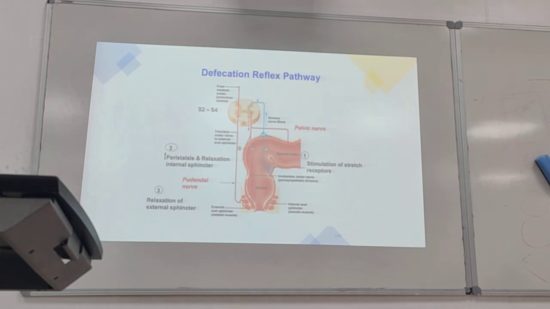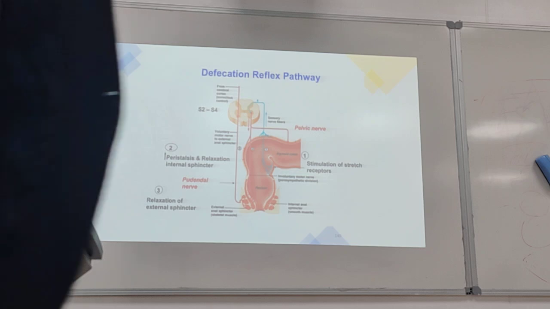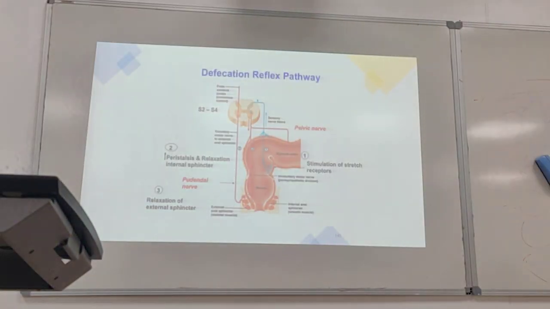What is the stimulus for defecation? Presence of stool leads to stretch. When there is stretch, the reflex is to relax the sphincter and pass the stool. Try to understand, very simple. This is the tube. And this is the mouth of the tube, okay? So this is closed.